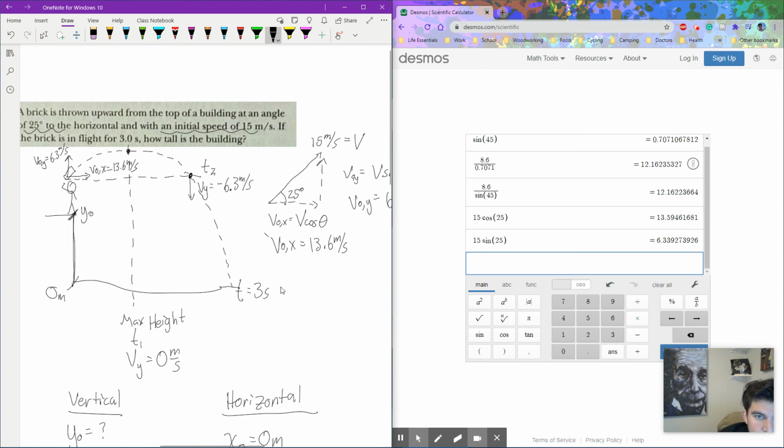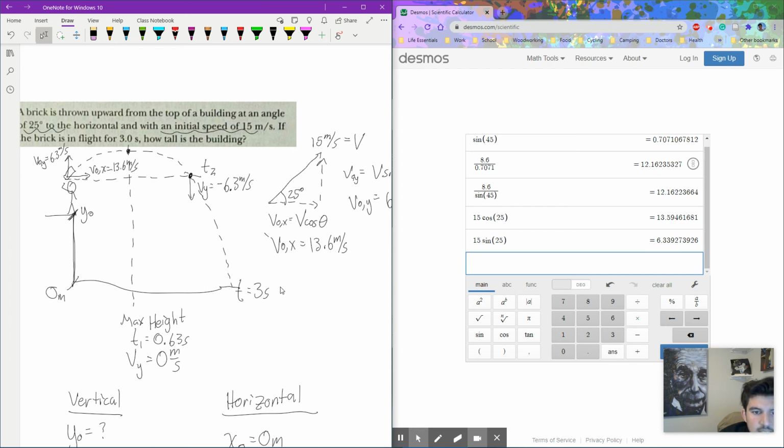Okay, so T2, the amount of time that it takes for the brick to get all the way over here, is just twice the amount of time it took for it to get to the top. So it took 0.63 seconds to get from here to here.